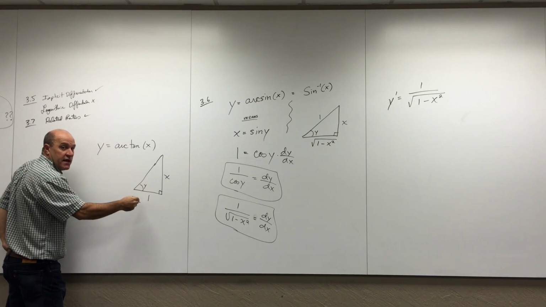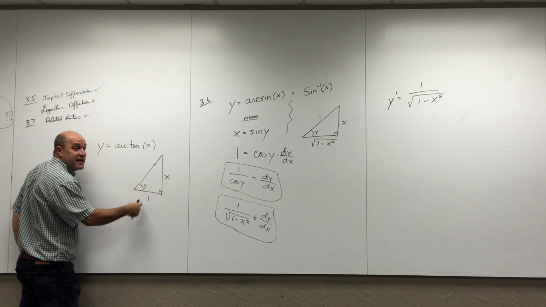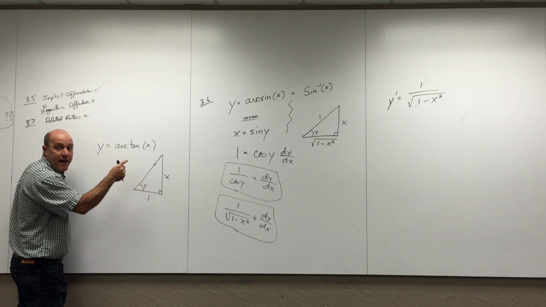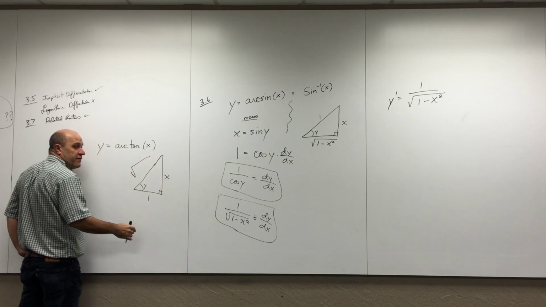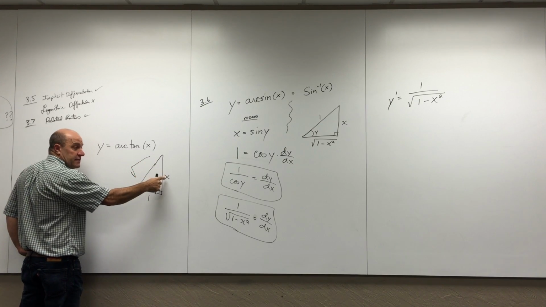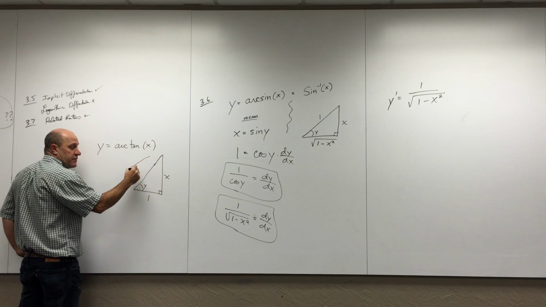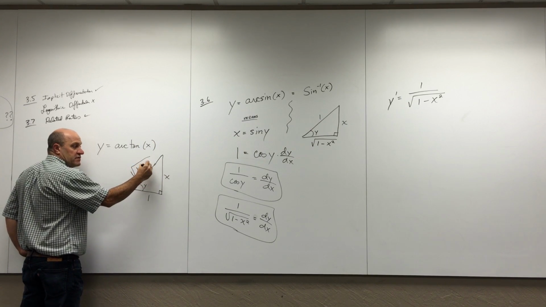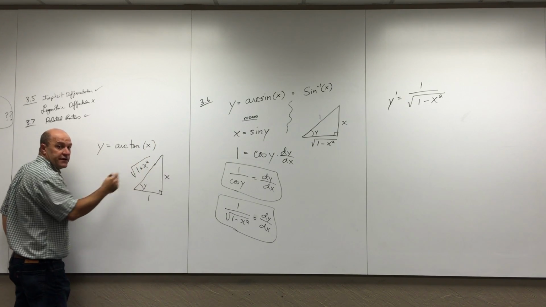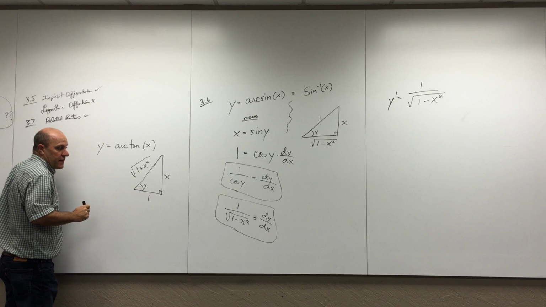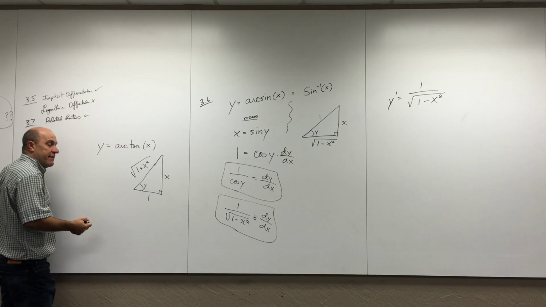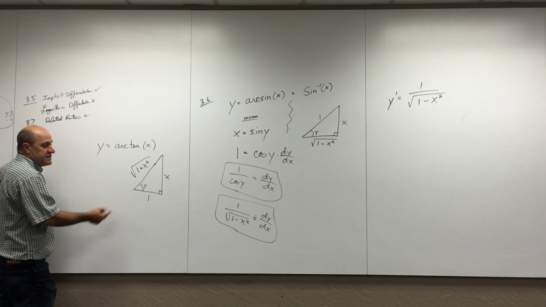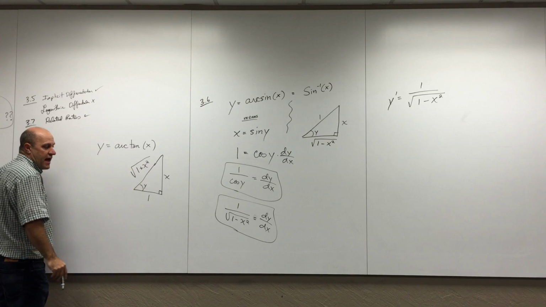Now these are the two legs of the triangle, so the hypotenuse is the square root of x squared plus 1 squared, plus instead of minus, right? Because I'm building the hypotenuse out of the two legs here. Yeah, that's the triangle for this function.